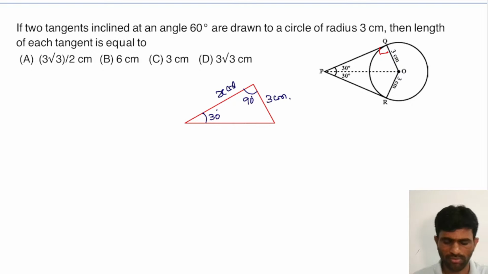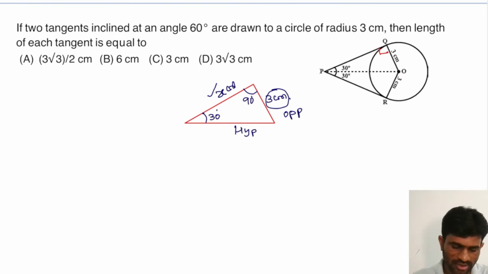Now we know the opposite side. We want the adjacent side. It is not the hypotenuse. This is the hypotenuse, this is opposite, this is adjacent. So which trigonometric ratio do we have to use? We have to use tan, not sine 30, because it is not the hypotenuse. We want the length of the tangent. Understood, Taha? So tan 30 degrees we have to use.